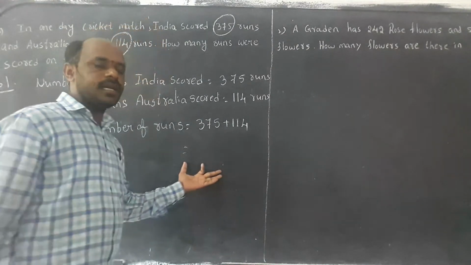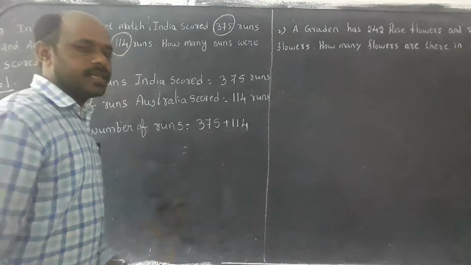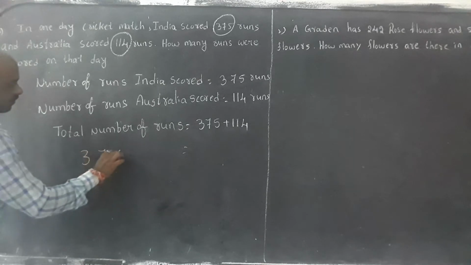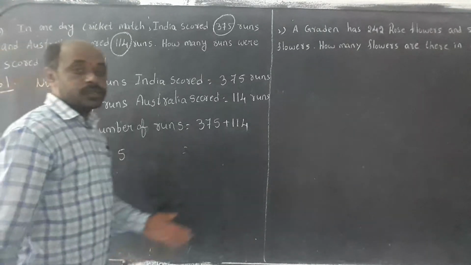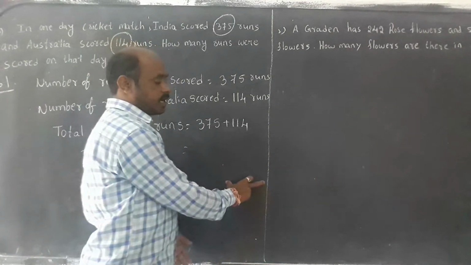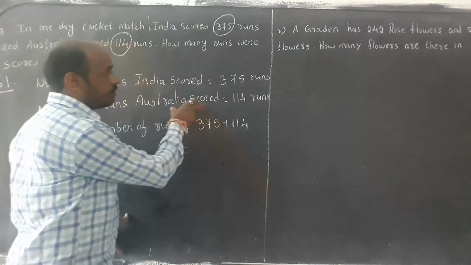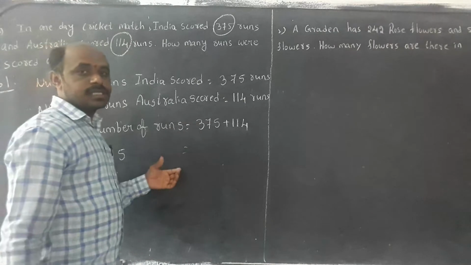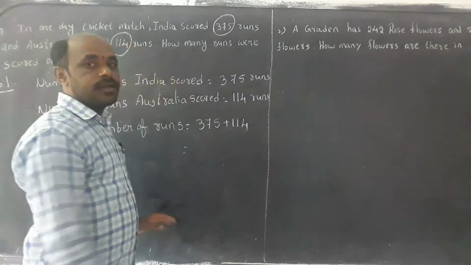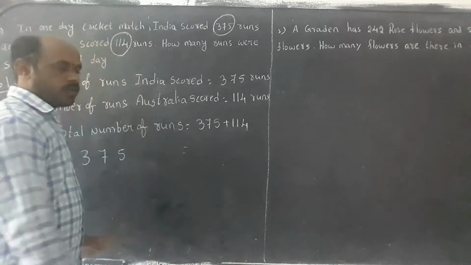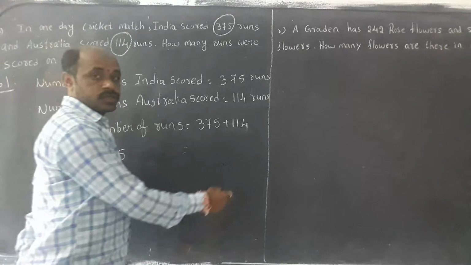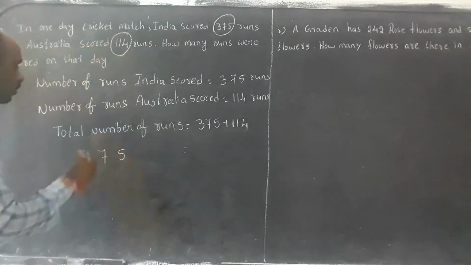Otherwise, if you are in doubt, we have to write it in the vertical method. First we have to write 375. In the math school notebook, there is a big margin column on the right side. Whenever we are doing a story sum, we have to use the right side column for rough work.